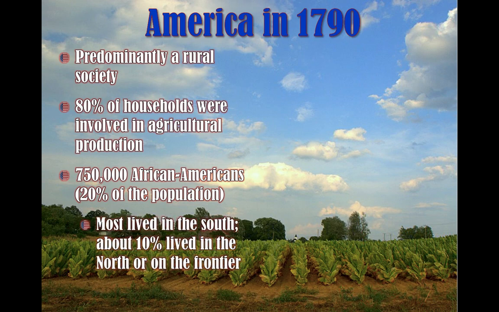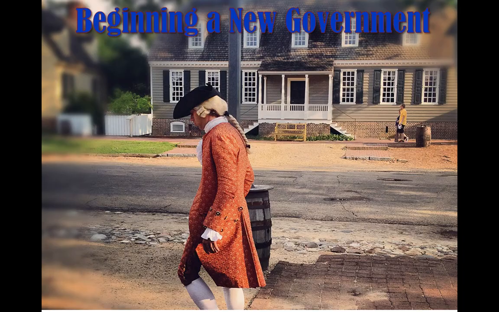And most lived in the South. About 10% lived in the North or on the frontier. So, meaning that I guess I did just kind of misstate something. So, roughly 10% of that population were slaves because the 10% who lived in the North or on the frontier were not being used as slaves. So, roughly half of the population of that 750,000 were being used for slave labor.